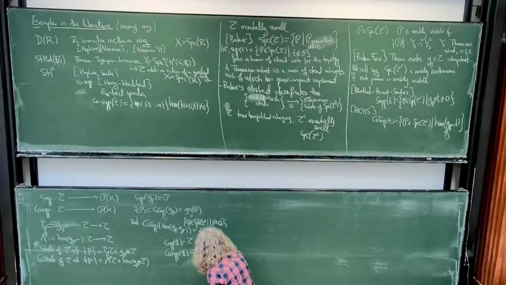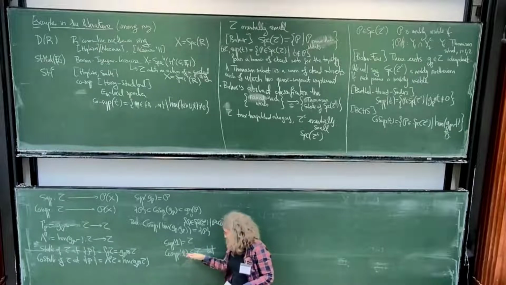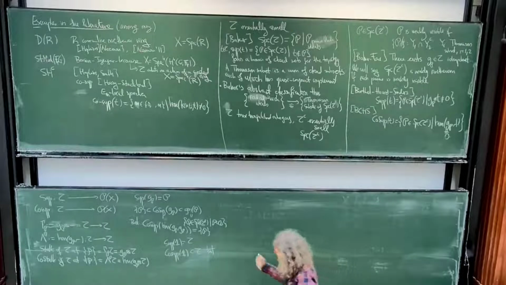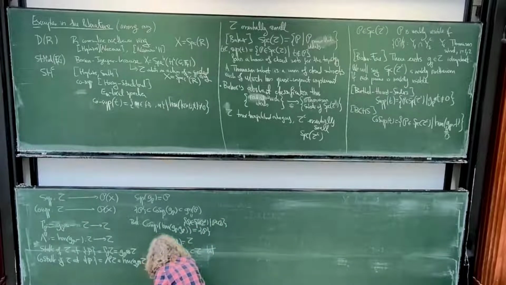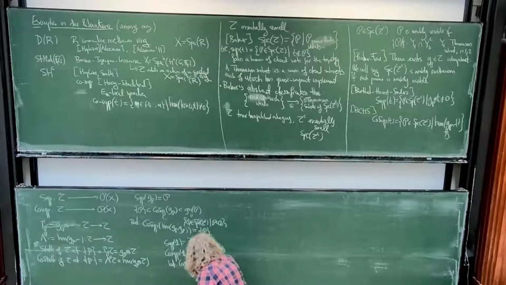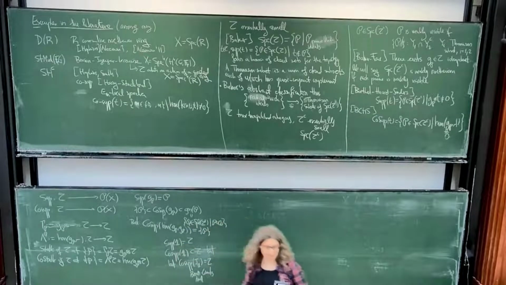The object that works well with the cosupport is the Brown-Comenetz dual of the identity, and in that case the cosupport is everything. So the support is better behaved than the cosupport in that sense.